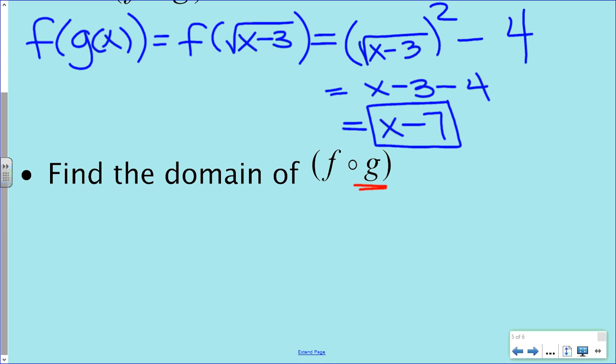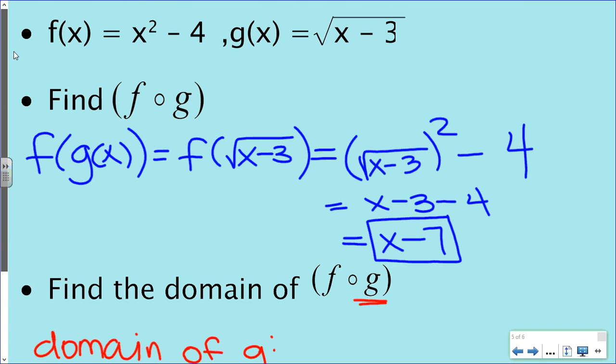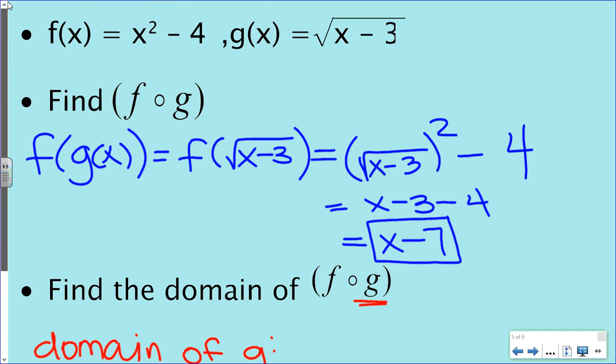we have to consider the domain of g, because that's the function that we're plugging in first. What is the domain of g? Here's where our transformation of functions really come in handy. g is the function radical x minus 3.